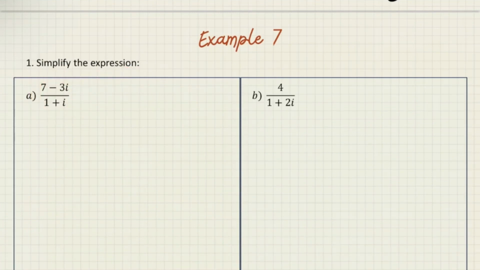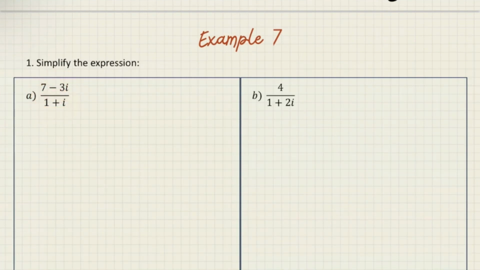Okay, so macam mana kita nak buat dia? So denominator, okay kat sini kita akan darabkan dengan dia punya conjugate lah. So conjugate dia apa? Bila fraction macam ni, kita akan tengok denominator.